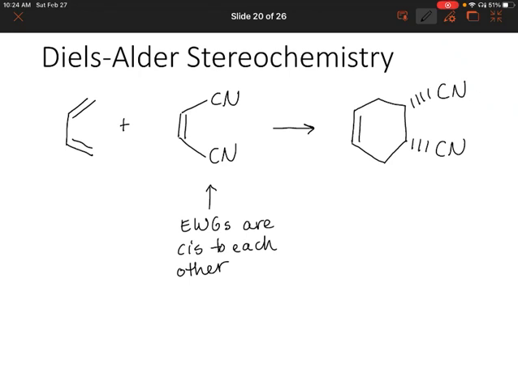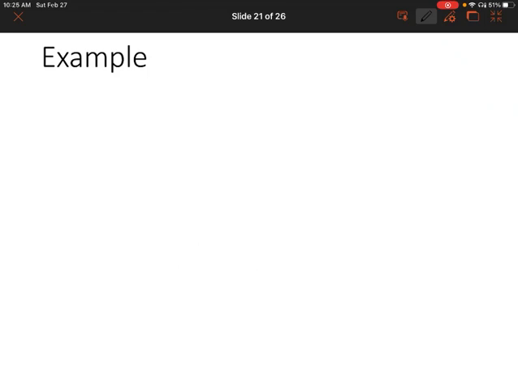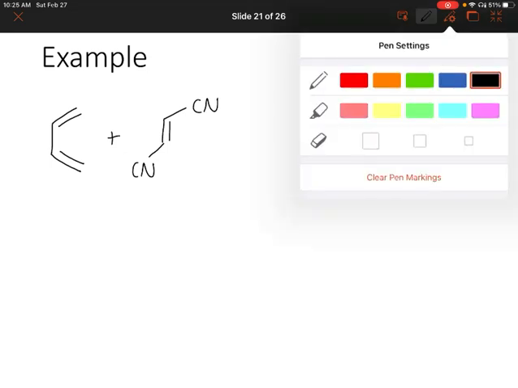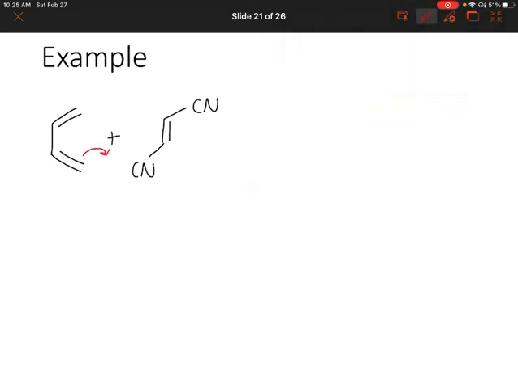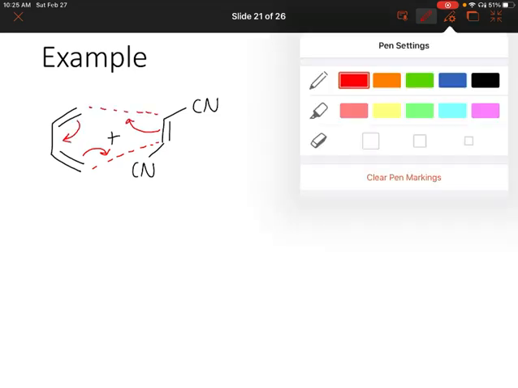Now, let's look at another example. Let's say instead of the two electron withdrawing groups being cis to each other, they're trans to each other. What would happen? Well, we would still see new bonds forming, exactly the same as before.